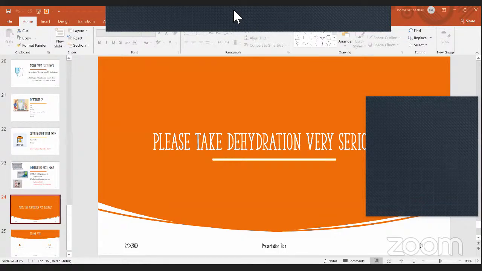It's a little hypoosmolar. Previously, we tried to keep it isoosmolar, like the osmolality of blood and of the stool, but now they recommend that it should be a little hypoosmolar.